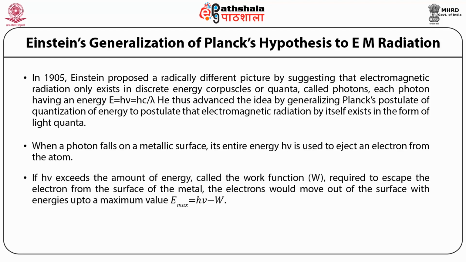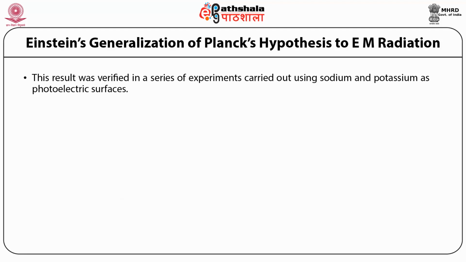If hν exceeds the amount of energy called the work function W required to escape the electron from the surface of the metal, the electrons would move out of the surface with energies up to a maximum value E max equal to hν minus W. This result was verified in a series of experiments carried out using sodium and potassium as photoelectric surfaces.